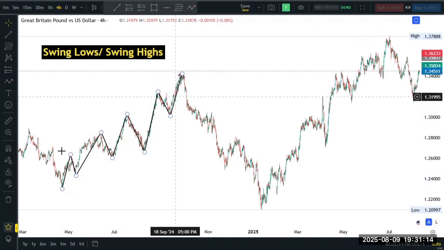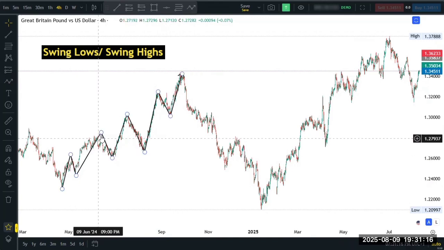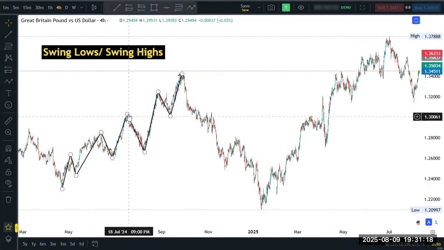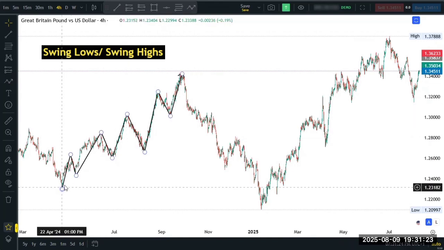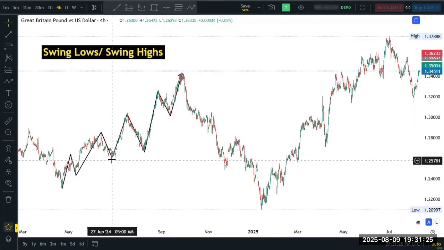All these high points that you are seeing here are swing highs. These other low points are all swing lows.